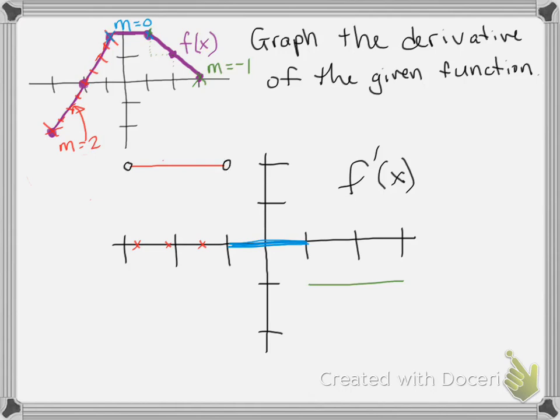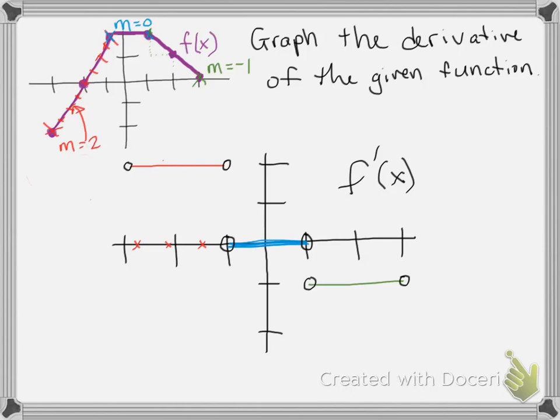So I have to have an open end dot here and an open end dot here. Same argument at +1. The slope from the left side is 0. The slope from the right side is -1, and so we don't have a derivative there either, so we use open dots. And then finally at x equals 3, that's an endpoint. We're going to put an open dot there as well. And so there is our derivative graph.